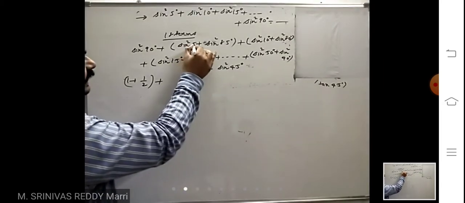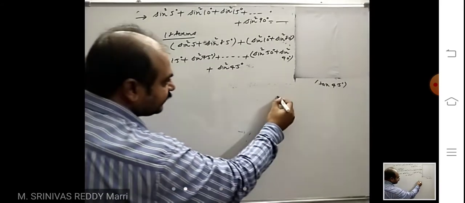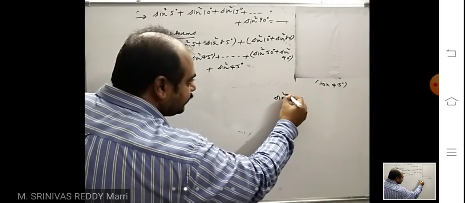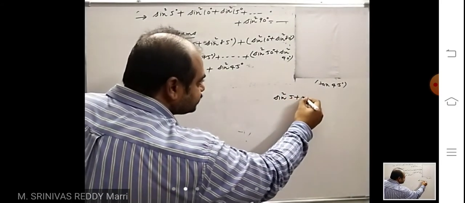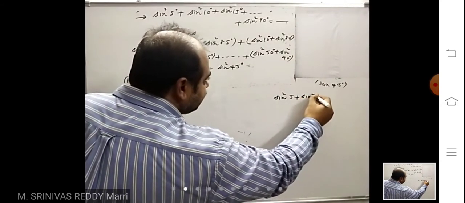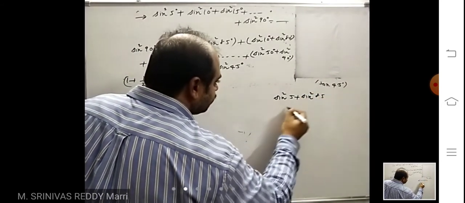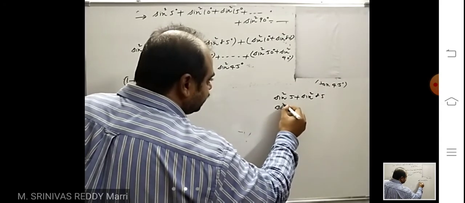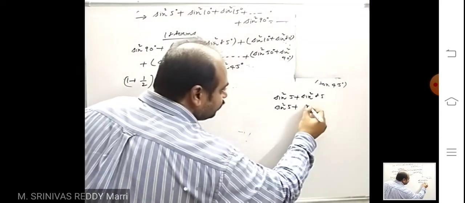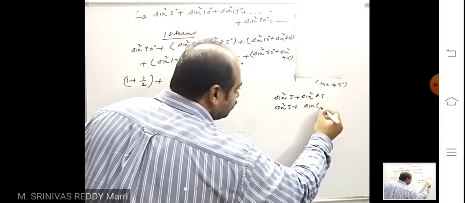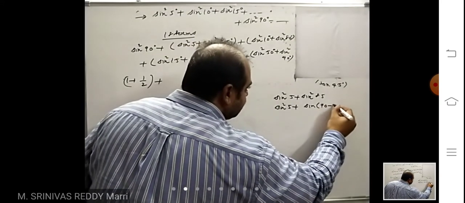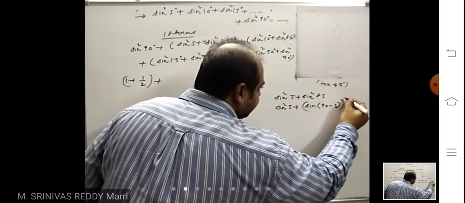Now look at this. If I calculate sine square 5 plus sine square 85, I will get sine square 5 plus sine of 90 minus 5 whole square.